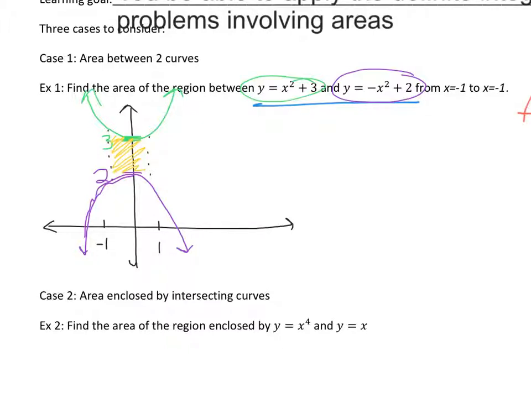So pretend, for example, you did not have the purple curve. If you were looking for the area just under the green curve, you would be looking for this entire region here, right? Which is the integral, as we know, from -1 to 1 of that first curve.